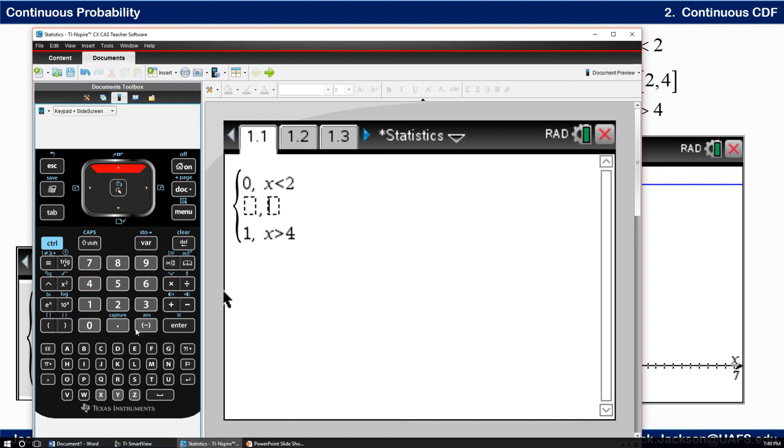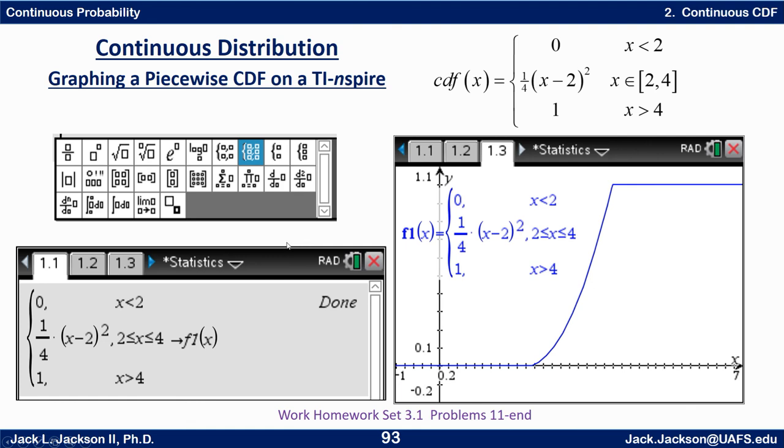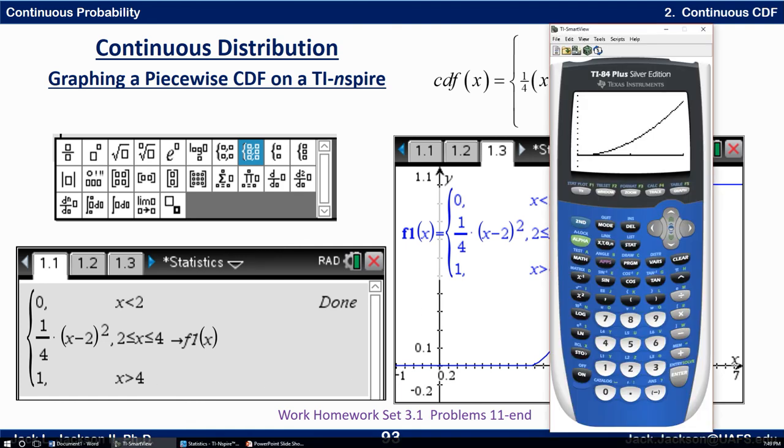And for the middle piece, we want 2, and it understands this just fine to type it just like this. Less than or equal to x, less than or equal to 4. And then type in the formula here, which is 1/4 (x minus 2) squared.